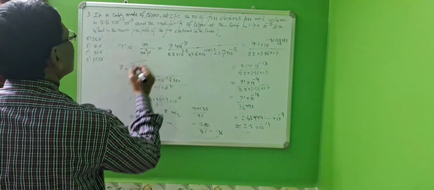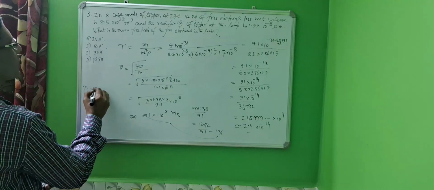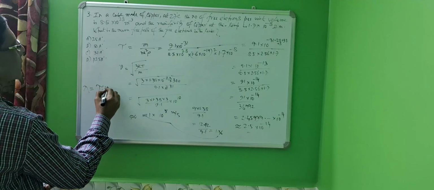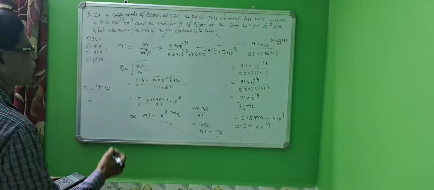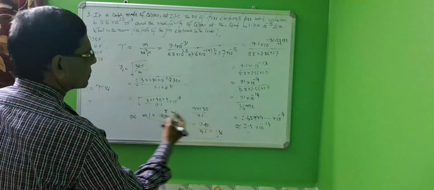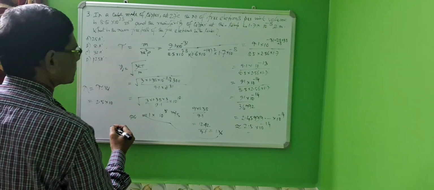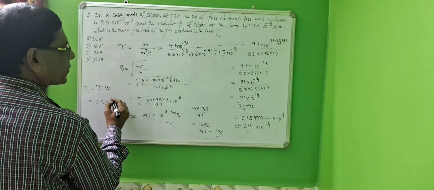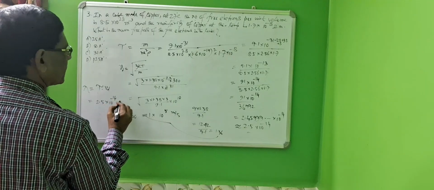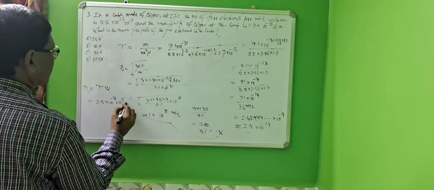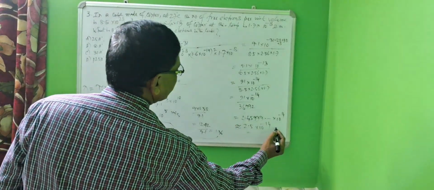So mean free path lambda equals tau times v, where v is the velocity. So 2.5 into 10 to the power minus 14 into 10 to the power 5 meter per second times second.